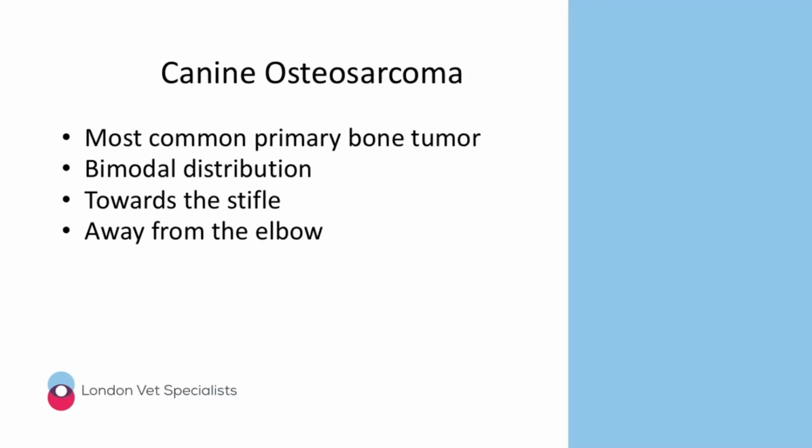Canine osteosarcoma is the most common type of primary bone tumor, and they have a bimodal distribution. Canine osteosarcomas tend to affect young animals and old animals.